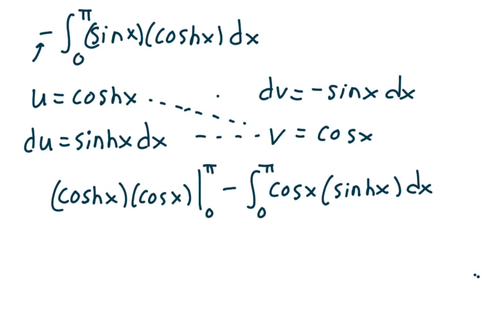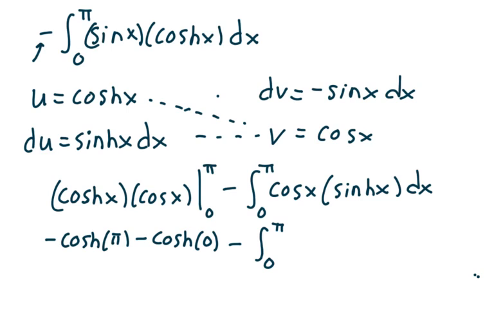If I plug pi in for x and plug 0 in for x, when I plug in pi, I get negative hyperbolic cosine of pi. If I plug in 0, I get minus hyperbolic cosine of 0, minus the integral from 0 to pi of cosine x times hyperbolic sine of x dx.